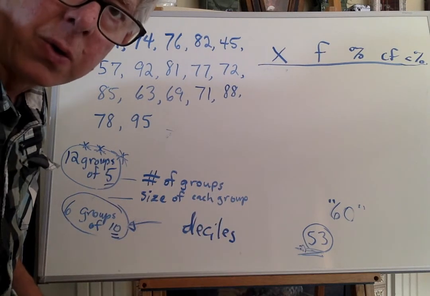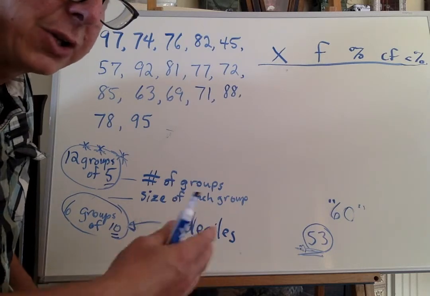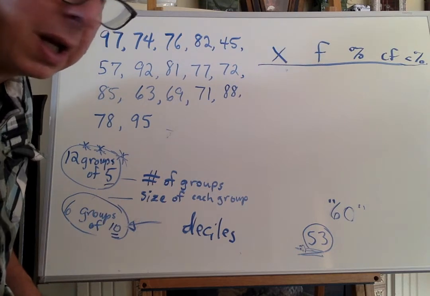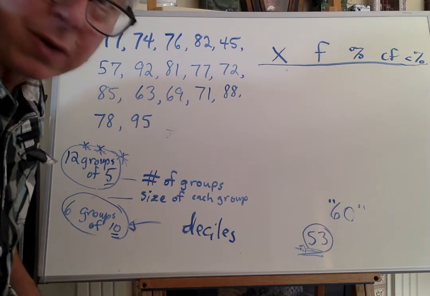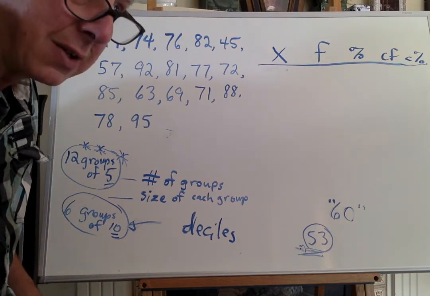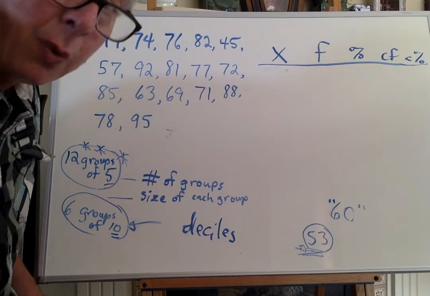And I raise my hand and I say, well, what is our goal here? What is our goal? I mean, my goal for this stats class is to teach you strategies about how to do descriptive and inferential statistics. I'm not here to create busy work for people. That is not my goal. I'm sure you've taken some classes where professors have you do stuff and you don't even know why you're doing it.